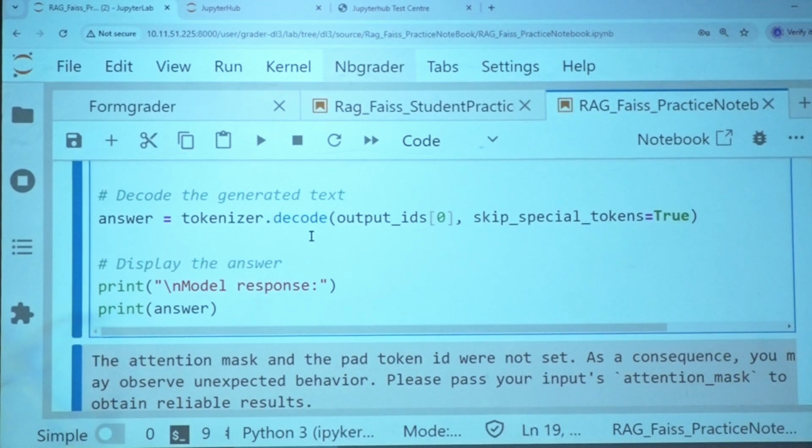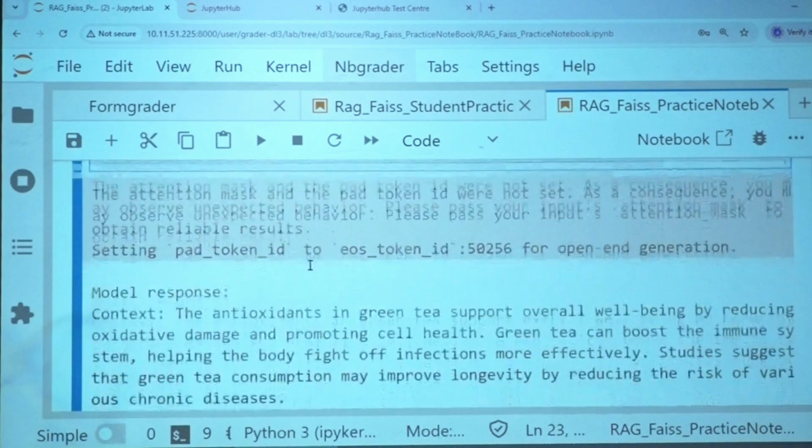That's all. So it can be a faltu transformer also, maybe a low power transformer also. You are not looking at the power of the transformer. Only thing what it has to do, given these 4 sentences, given this query, give me an answer which is based on this. That's all. So you don't need a very strong transformer to do that, right? So we get that answer and we produce that answer. So that's it.